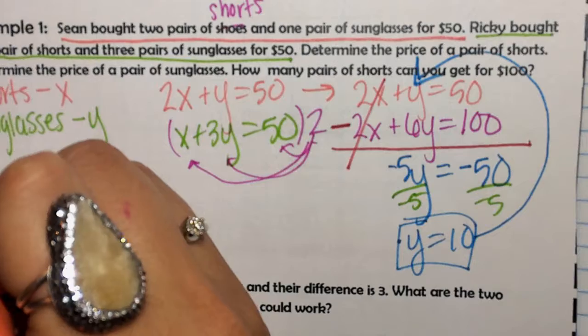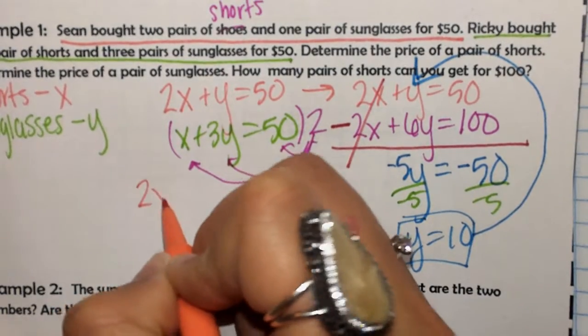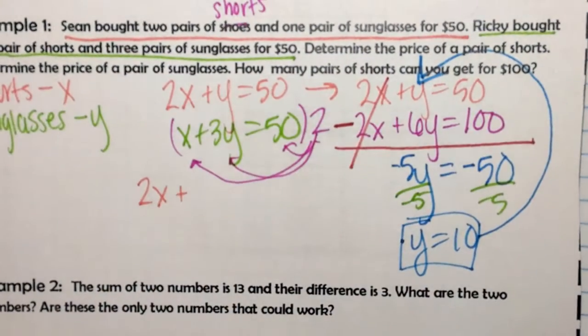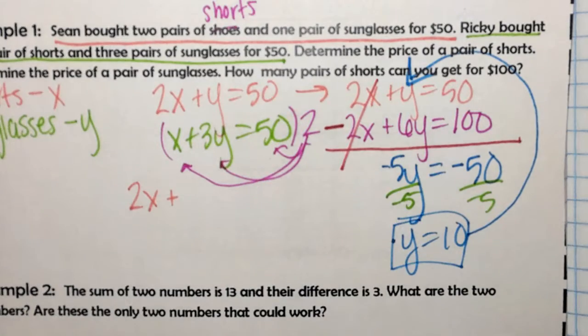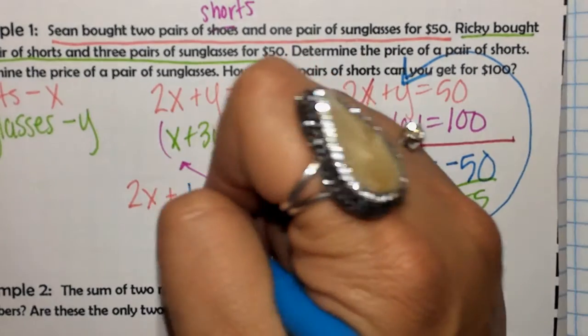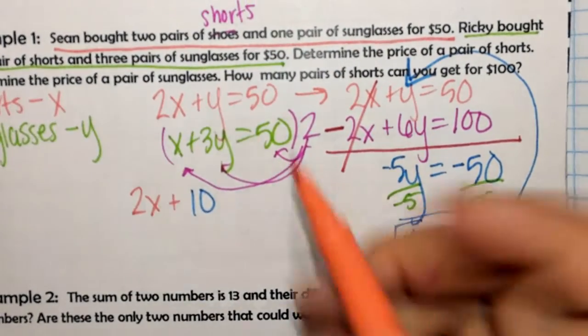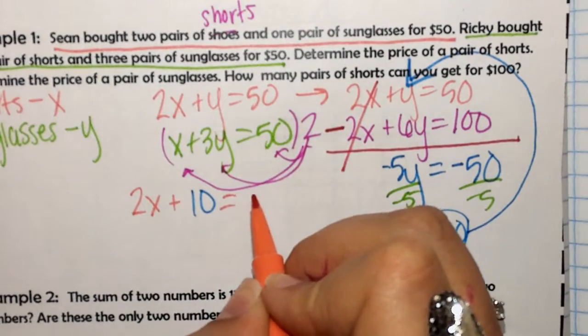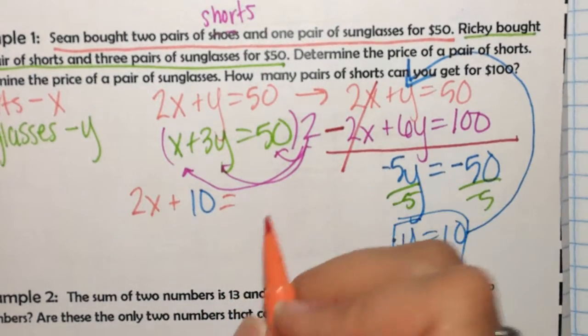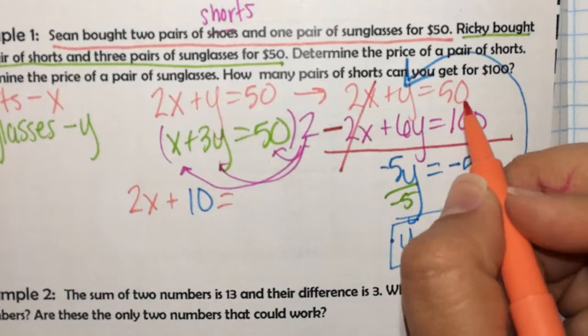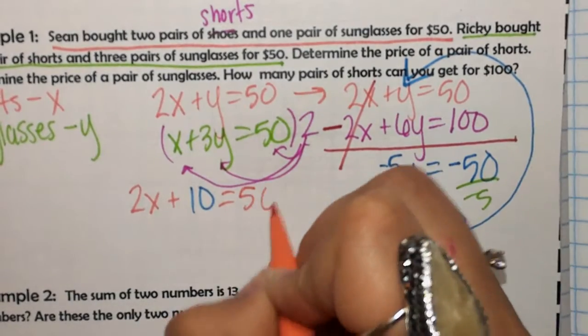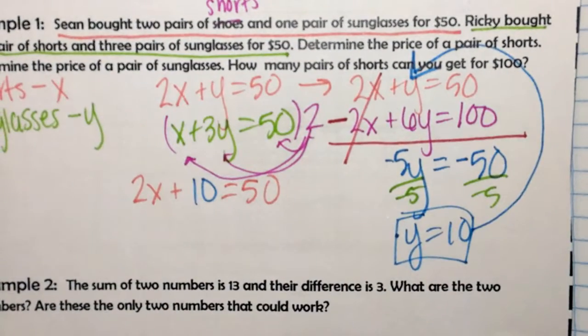So I'm going to write that as 2x plus what? Plus 10 equals... What does it equal? 50.